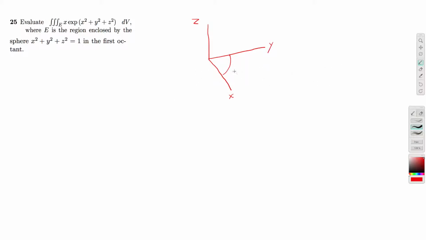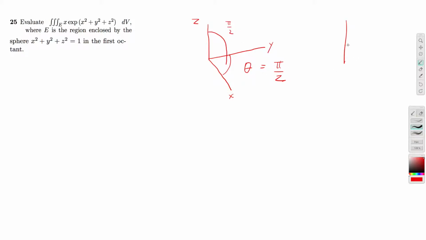So anyway, your theta is just going to go from here to here, which is pi on 2. Your phi is just going to go from here to here, which is also pi on 2.